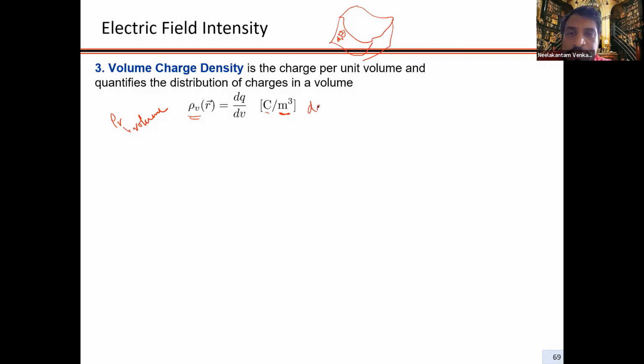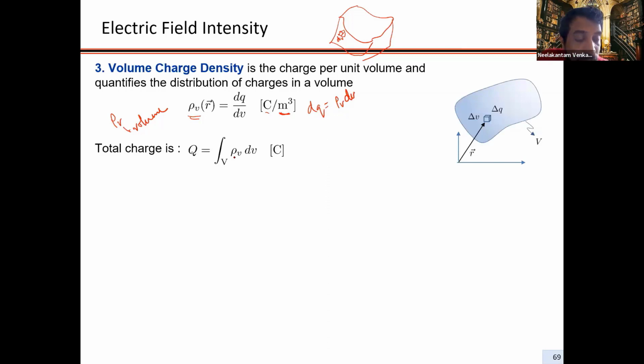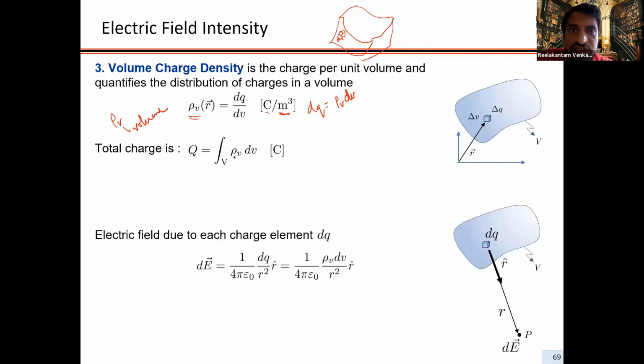So this dq is going to be rho v dV. The total charge is going to be over the entire volume. It's like the mass density times the volume is the mass, right? Similar to that, density times volume.